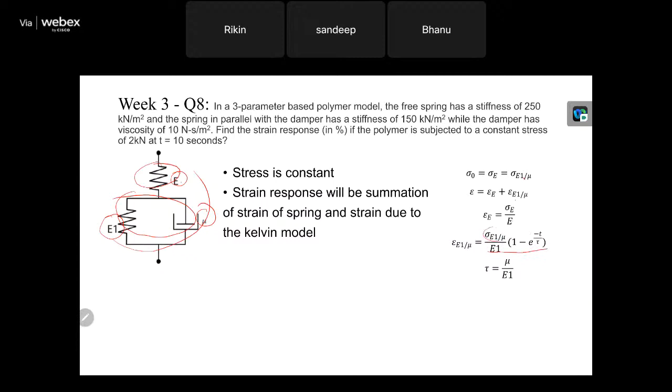In this equation, sigma E1 by mu basically represents the stress in the Kelvin model, the total stress, and this is also equal to sigma naught, as you can see here. So if you substitute this and add, we'll get the strain response. And the tau in this equation will be mu by E1 because it is based on the Kelvin model.